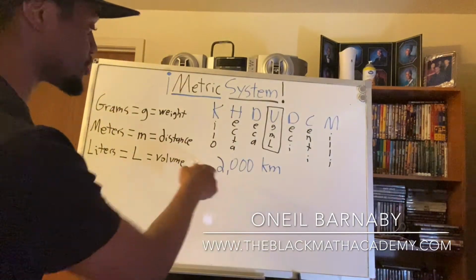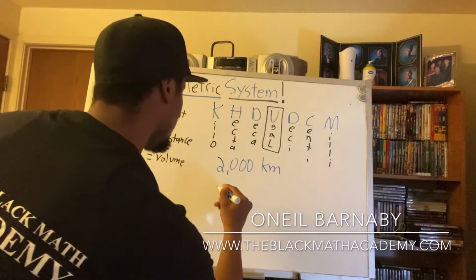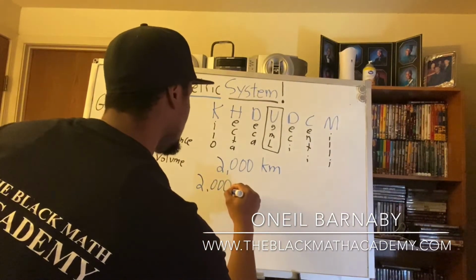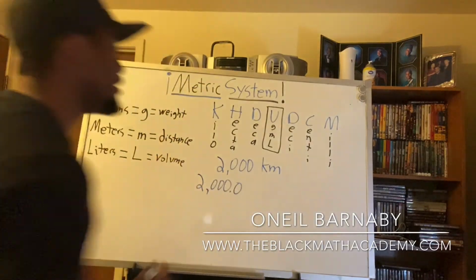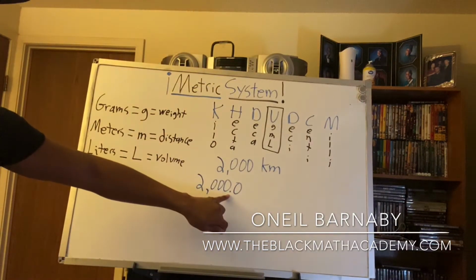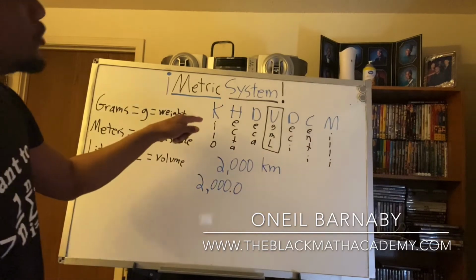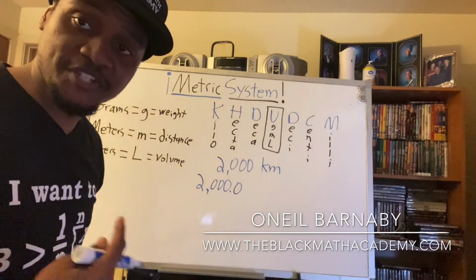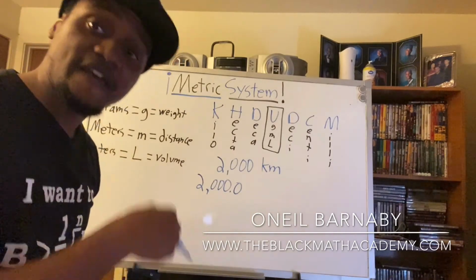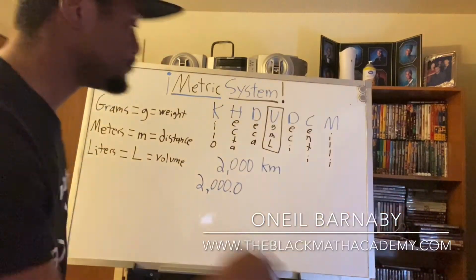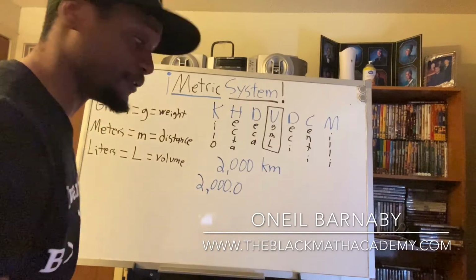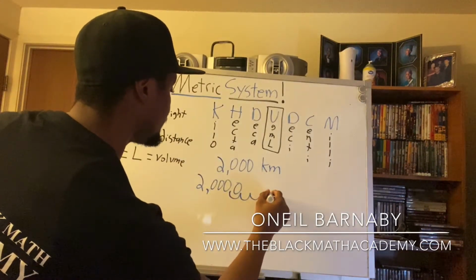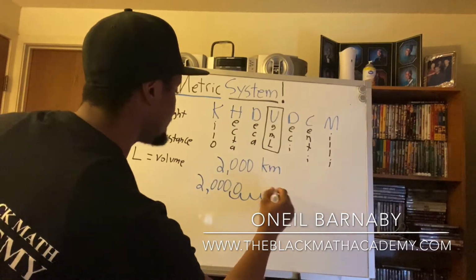So in the number 2,000, let me write that again. 2,000.0, that's a comma. So 2,000, here's your decimal point. So when we moved 5 times in the acronym, we're going to move the decimal point in the number now 5 times to the right, because we moved to the right in the acronym. So 1, 2, 3, 4, 5. So it would go here.